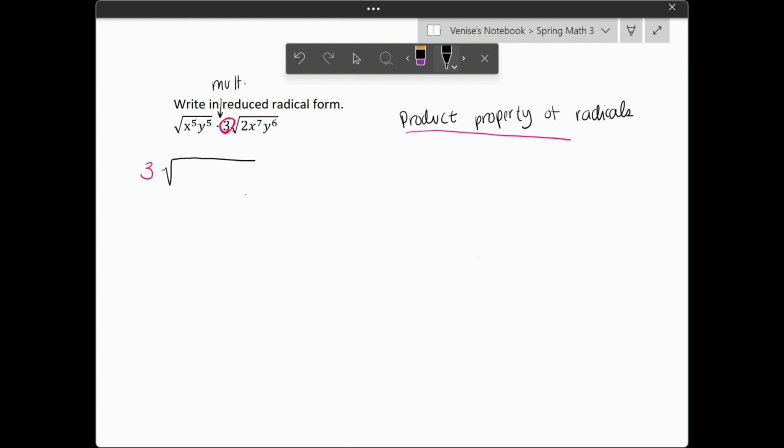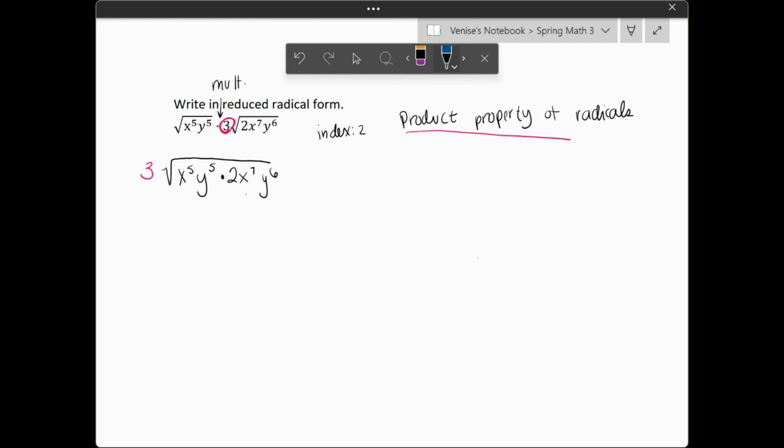So let's write it. My index is 2, by the way, because it's not there. Let's just write that. Index is 2. So x to the 5th, y to the 5th power times 2 x to the 7, y 6.